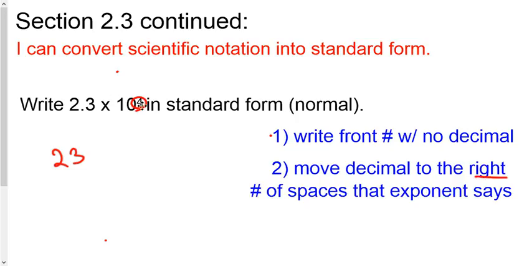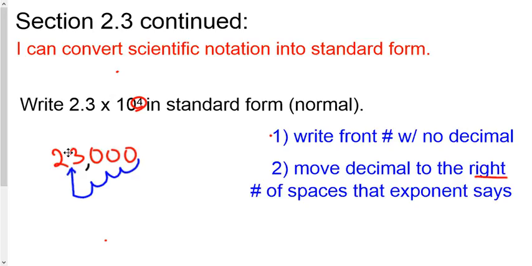This is an exponent of 4, so I'm going to move it over from right here, 1, and then 2, 3, 4. Now, again, what's happening is your decimal was right here originally, and then you moved it over once, twice, 3 times, and then the 4th time because you had the exponent of a 4 there.